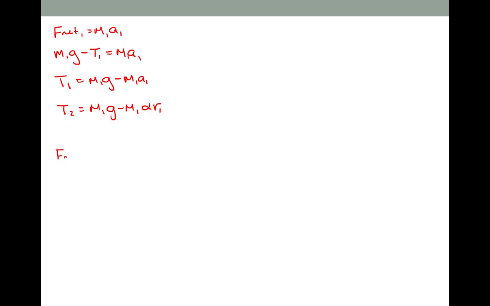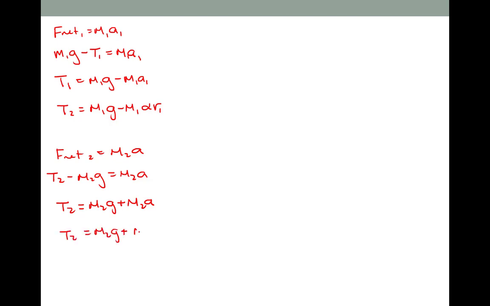A similar analysis on mass 2 yields that tension 2 minus m2g equals m2a2, or that tension 2 equals m2g plus m2a2, and I can again plug in that a2 will be alpha times R2.